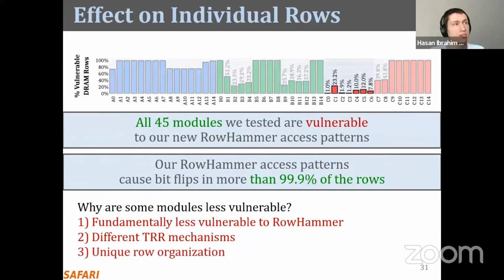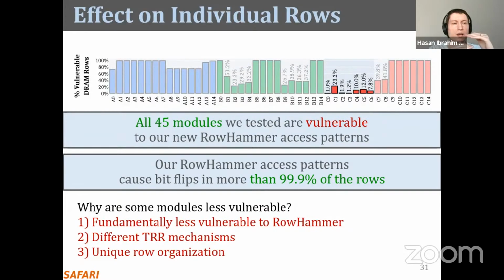And we found that some modules have unique row organization. Here we suspect that the vendors implement some sort of mitigation mechanism in the DRAM circuitry. It appears that rows are somehow isolated from each other, such that even if you hammer these rows without any TRR protection, without issuing any refresh commands, it is very difficult to cause a RowHammer bit flip. Mostly the organization looks like you can cause a bit flip only on one side of an aggressor row.